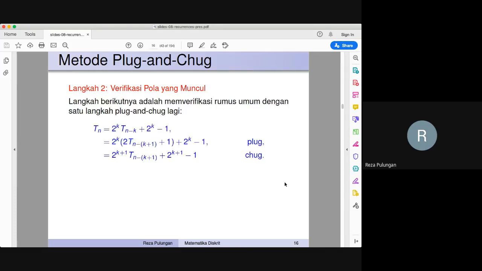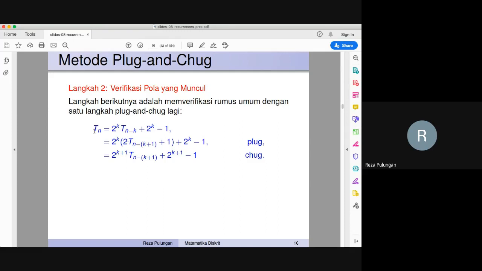Well, we can prove this by using induction, but there is another way to do this which is much easier, namely, perform once more plug and chug on the found pattern.